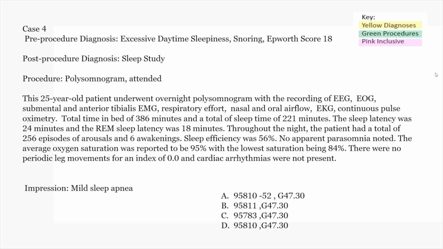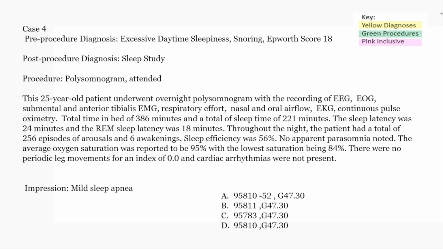Total time in bed of 386 minutes and a total sleep time of 221 minutes. The sleep latency was 24 minutes and the REM sleep latency was 18 minutes. Throughout the night, the patient had a total of 256 episodes of arousal and 6 awakenings.